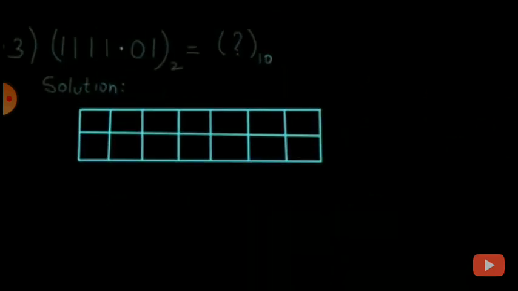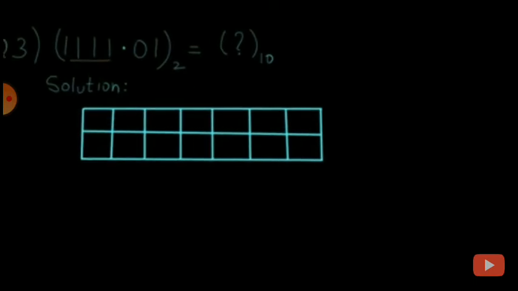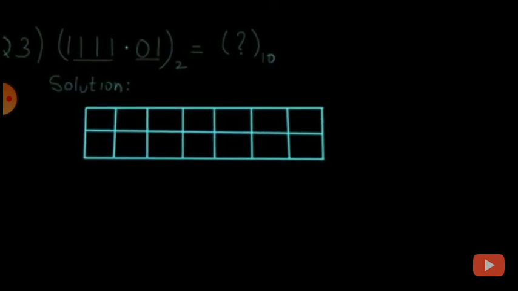Okay, so the last question is a combination of the first and the second question, wherein we have an integer part as well as a fractional part in binary which needs to be converted to a decimal number. So we first write down the entire number in the table as I have drawn.